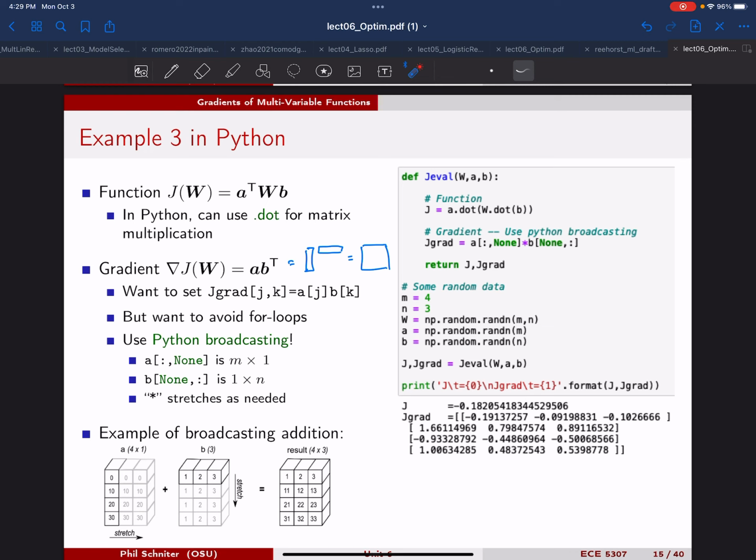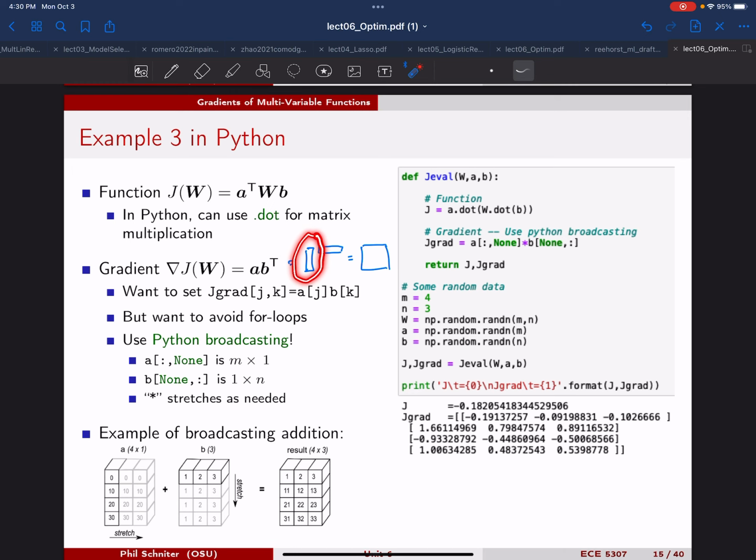The way that you do this is you embed this one-dimensional A into a two-dimensional object in NumPy. You can do this like this: A, and then in square brackets, colon, comma, None. This grows it from 1-dimensional to 2, saying this is a 2-dimensional quantity, but really there's just one column.